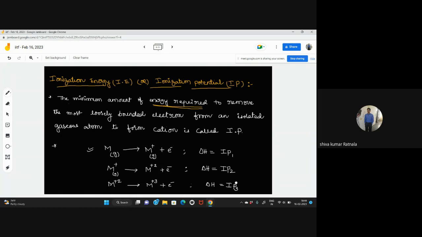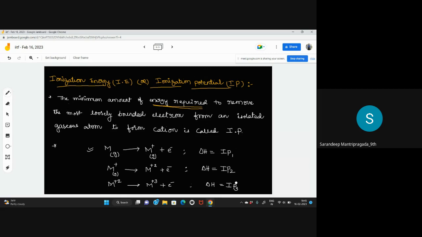Now tell me, among IP1, IP2 or IP3, which has the highest energy value? IP3. Why? Because when we remove an electron, the metal becomes a unipositive ion, and in this ion the force of attraction between the nucleus and the valence shell increases, so more energy is required to remove that electron. The protons attract the electrons, and with more protons than electrons it will be harder.